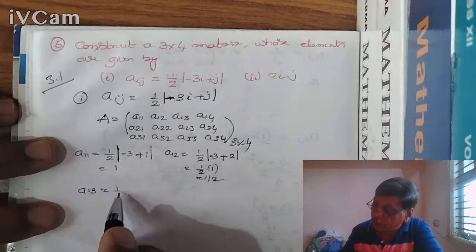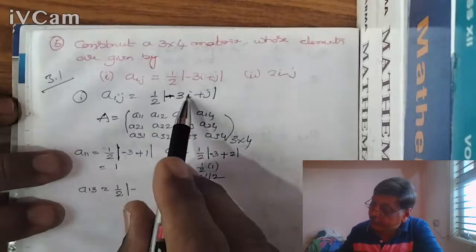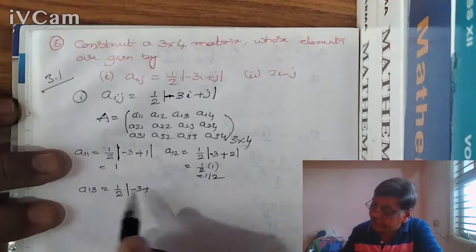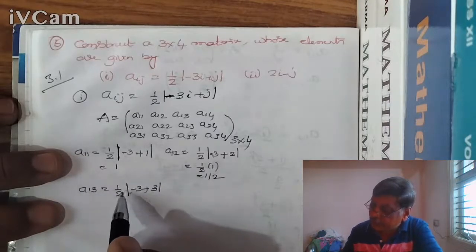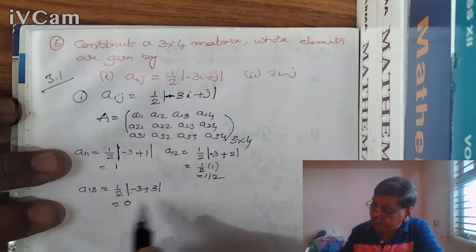Next, A13. A13 equals half into modulus of 1 into minus 3 plus j is 3, minus 3 plus 3 is 0. Modulus of 0 is 0 itself. 0 into half is 0.